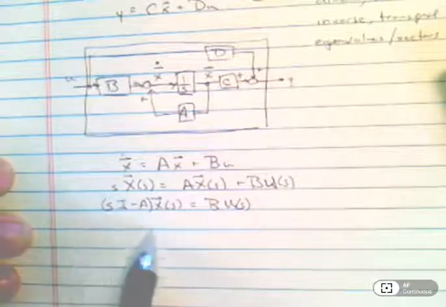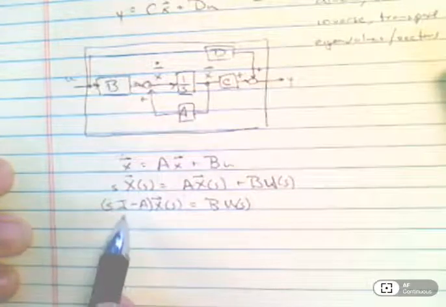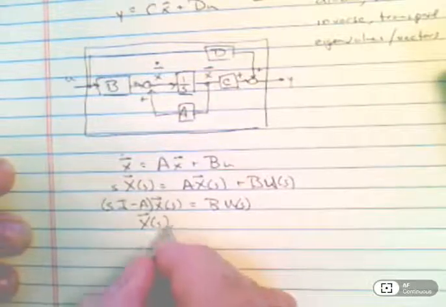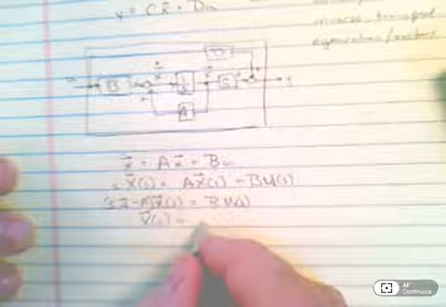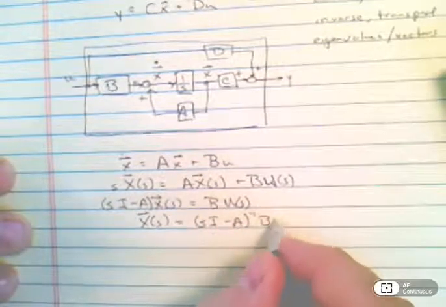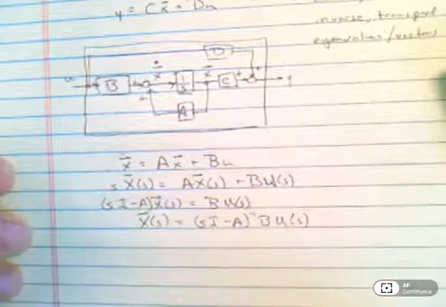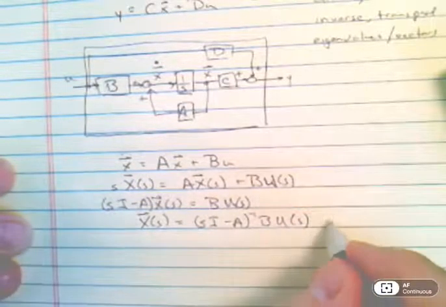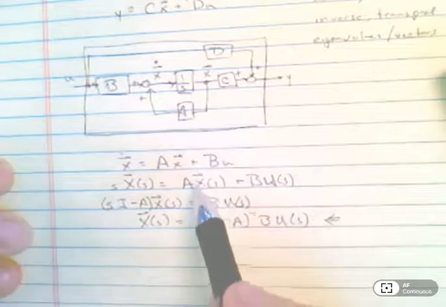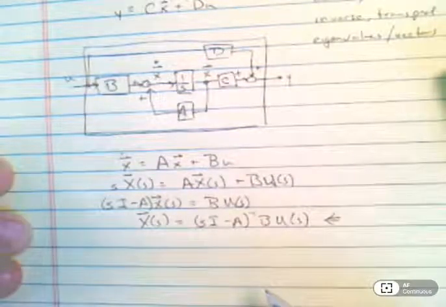So I'm going to pre-multiply both sides by the quantity (sI minus A) inverse, which will leave me with X of s on the left-hand side, but I'll also get (sI minus A) inverse times B U of s on the right-hand side. So that's the result of my first state space equation, taking the Laplace and simplifying for x.